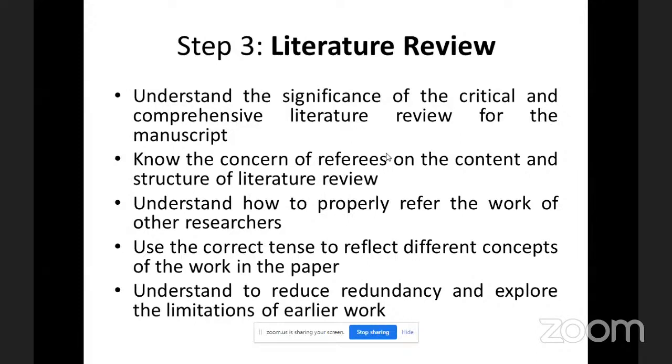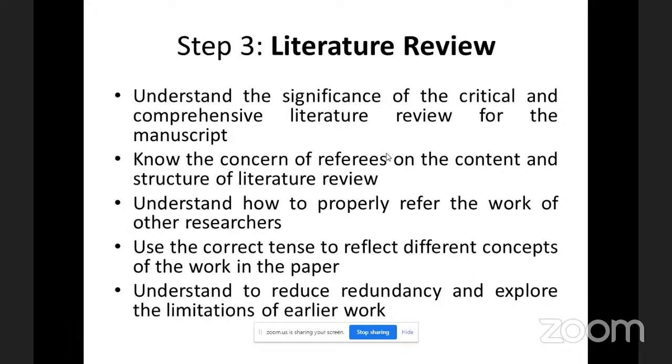Always remember, provide only 2 to 3, maximum 3 lines for a single paper. If you are utilizing 15 research papers inside your literature review, 15 multiplied by 3, 45 lines will be there. Understand? Not more than this. Around 40 or 45 lines will be there.